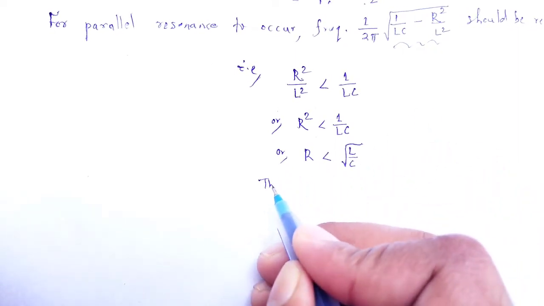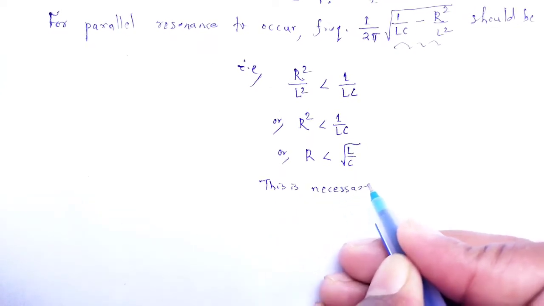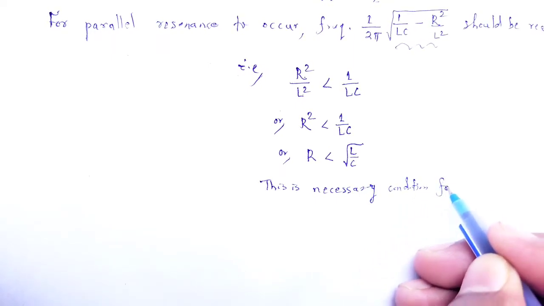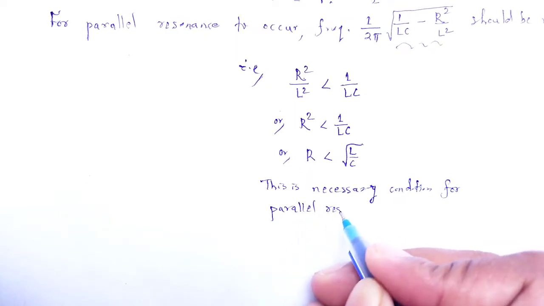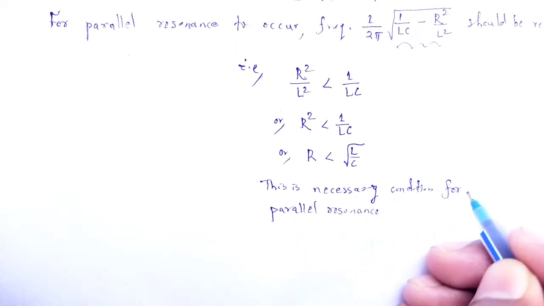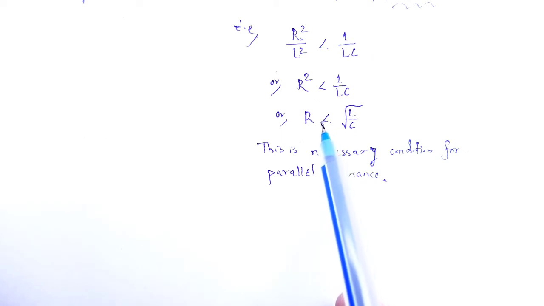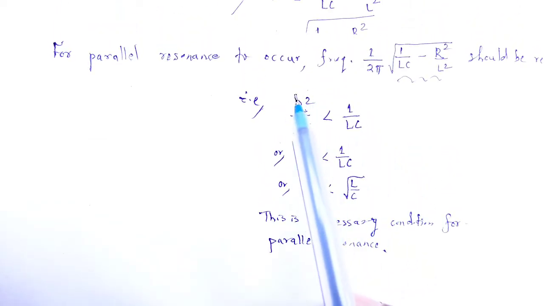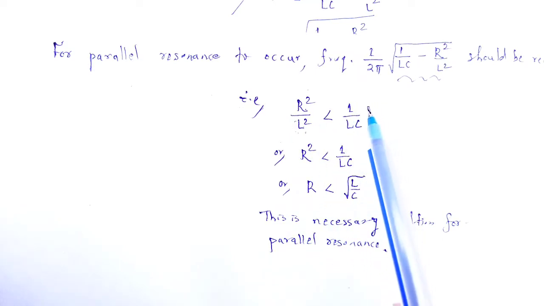This is the necessary condition for parallel resonance. Here if R is small, then R square divided by L square is negligible as compared to 1 by LC.